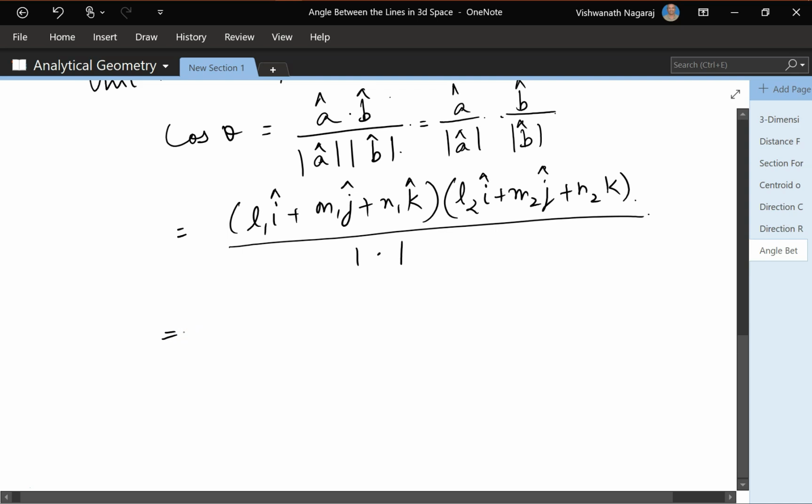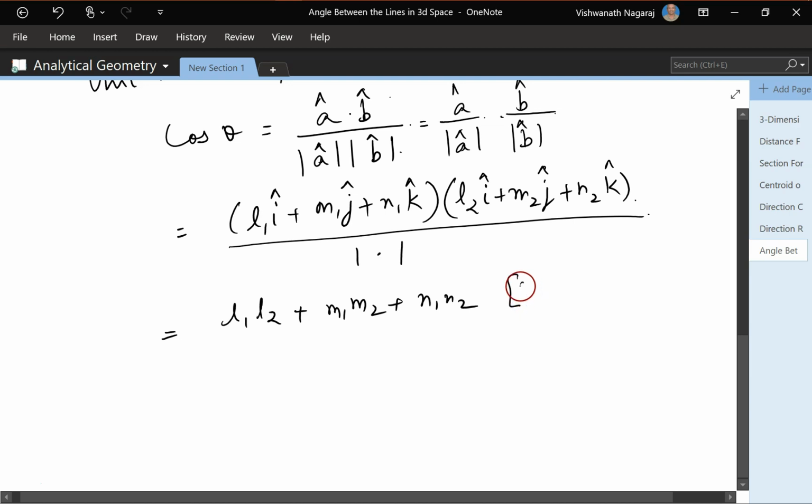Now let's multiply the numerator. When we multiply the numerator, what happens? l1 l2, i times i is 1. Similarly l1 m2, i times j. Now i times j is 0. Similarly i times k is 0. So this is what you would end up with: m1 m2 plus n1 n2.